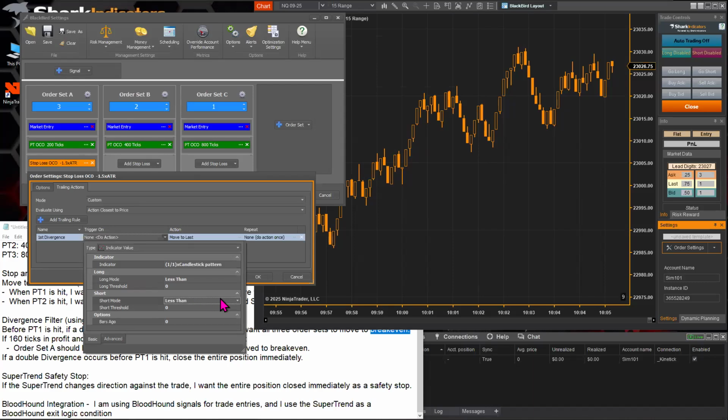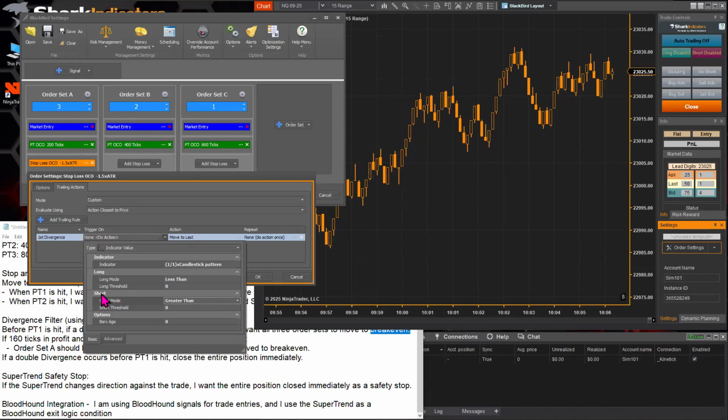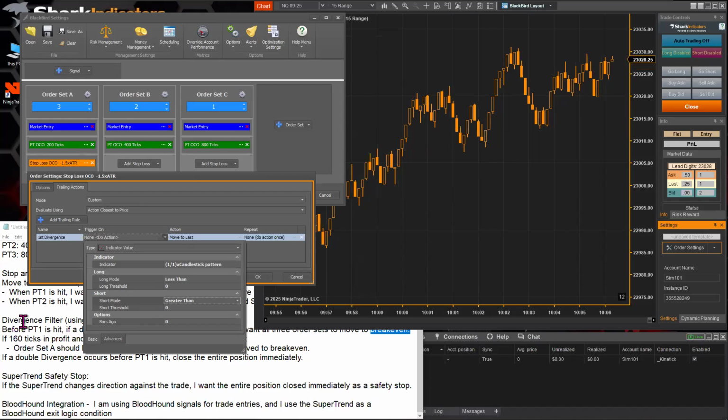And of course, I need to flip the short side, all right? So if we're in a short trade here, then we'd want to move our stop loss to break even if our divergence gives us a long divergence indication there, which will probably be a +1. So that'd be greater than 0, right?